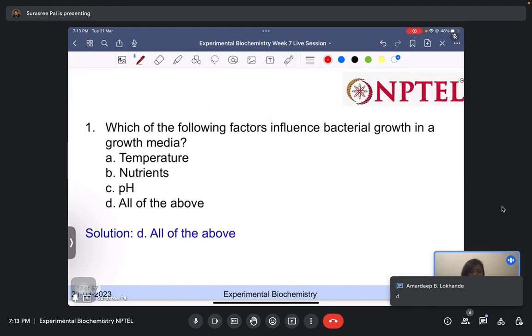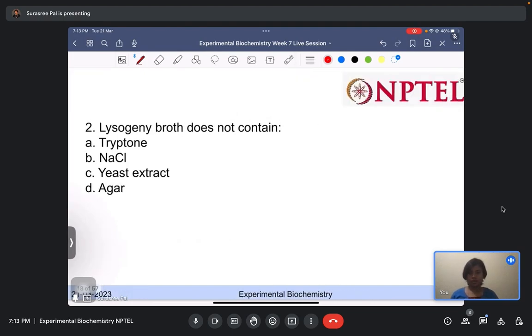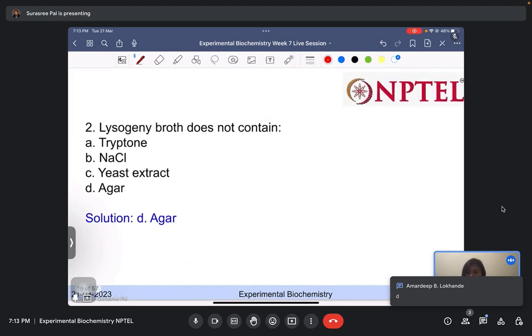Okay, correct answer. The bacterial growth depends on all of these following factors. Next question. Right, lysogenic broth does not contain agar.